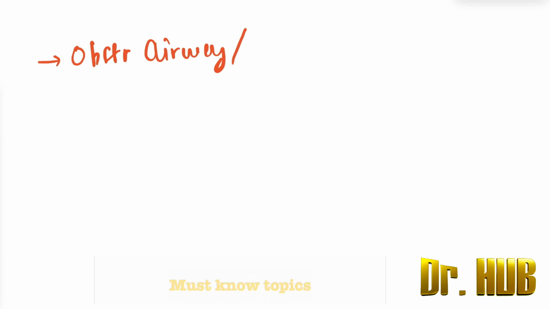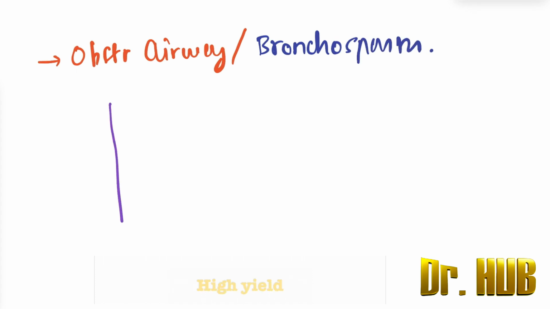First we are going to look at the obstructive airway, or the bronchospasm. So how does this appear? As stated, we are seeing the x-axis with the time and the y-axis with the CO2.